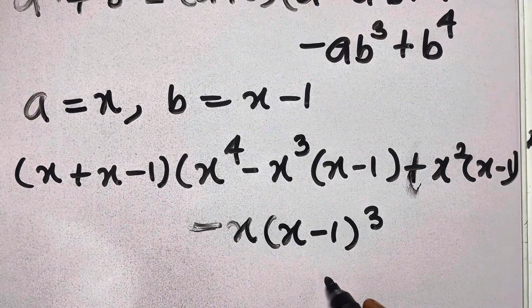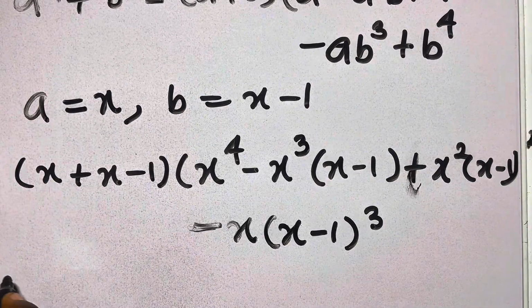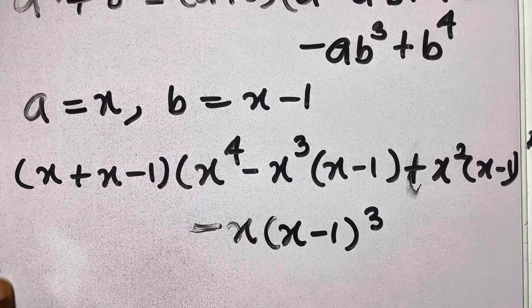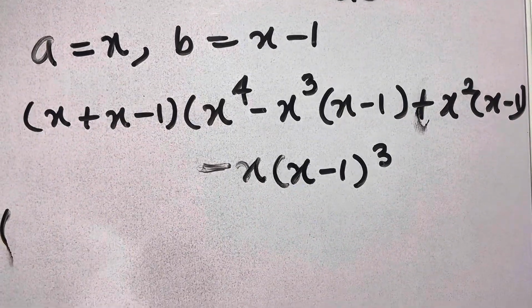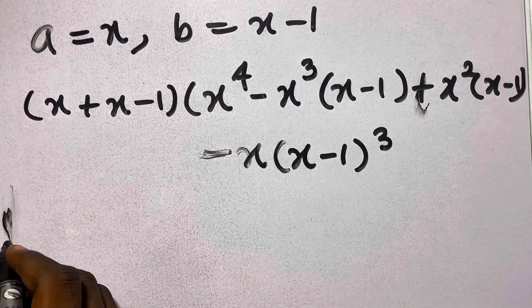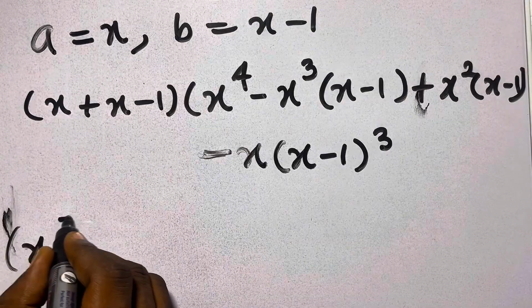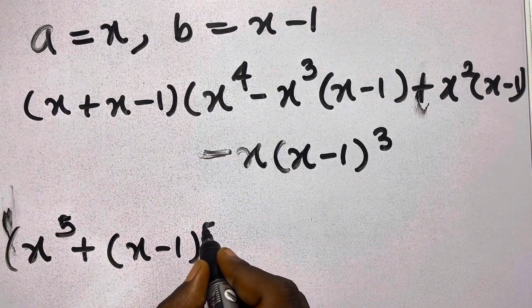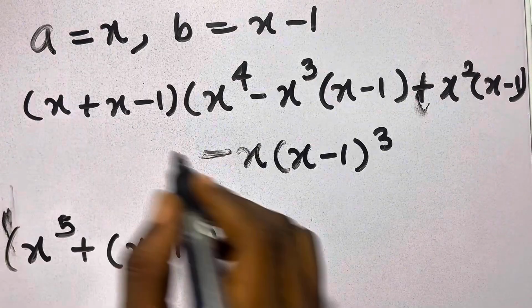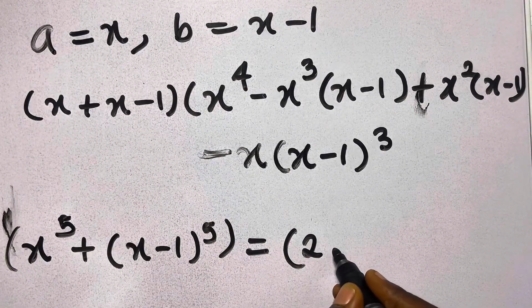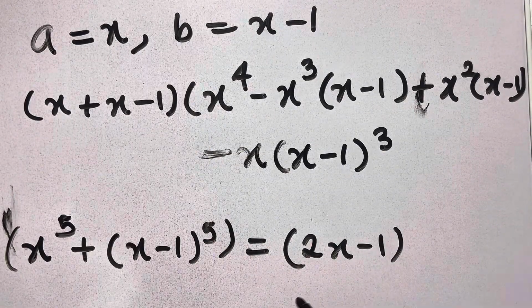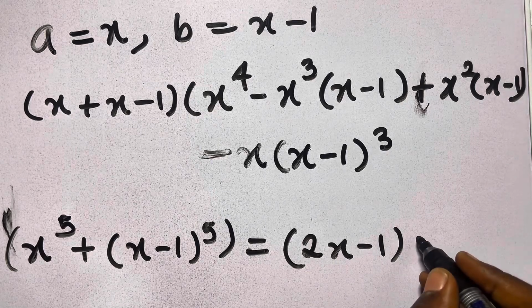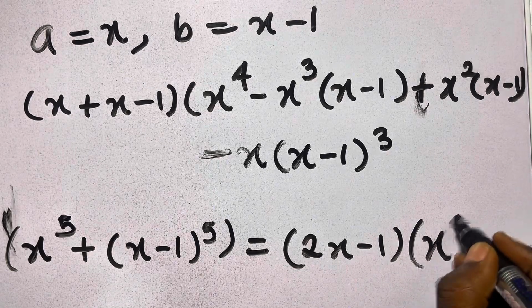All right, so now let's do something here. We are going to have x raised to power 5 plus x minus 1 raised to power 5. This will be 2x minus 1, multiplied by x raised to power 4.